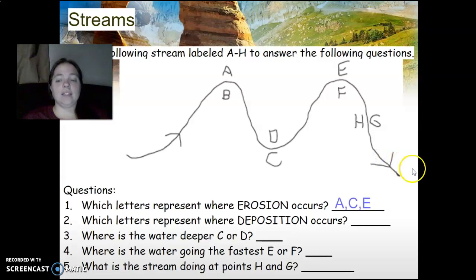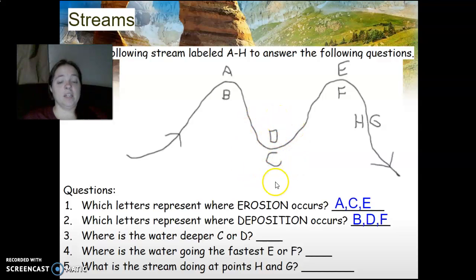And you should have A, C, and E. Those are the outside curves, the farthest side. So erosion is going to happen on that side. If that's the case, where is the deposition going to occur? B, D, and F. Okay, so let's look right here between C and D. Where's the water going to be the deepest?